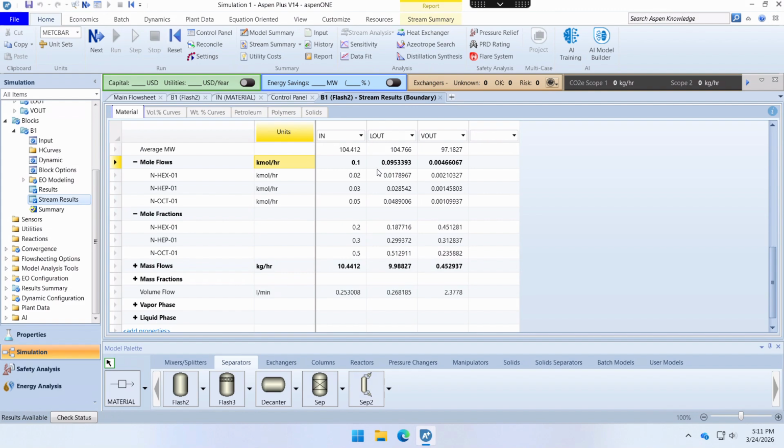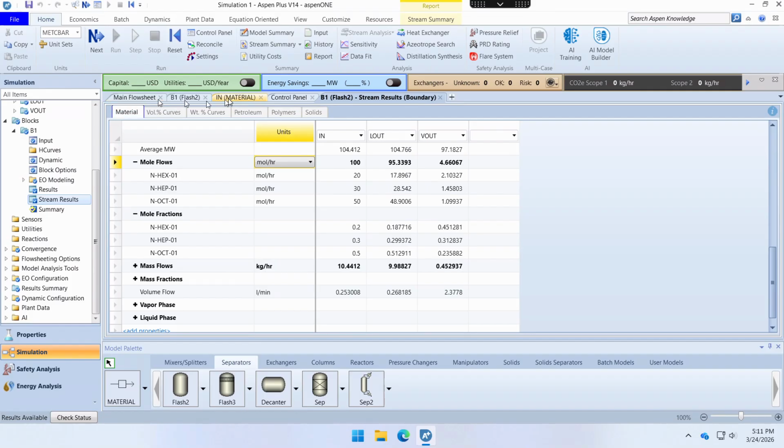Okay, so we can see that, it's interesting, it changes to kilomole per hour when I run a simulation. That's annoying. It's producing 95% liquid and only 5% vapor. That's pretty good.